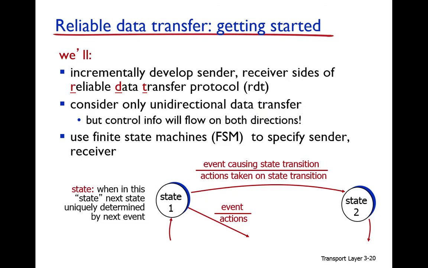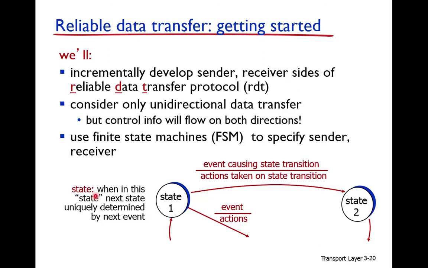If we would like to explain the working of our RTDT protocol, we will explain it through another concept called a finite state machine, which maybe you have discussed in the compiler course as well. In a finite state machine, the overall working of the system is represented through states, for example state 1 and state 2.